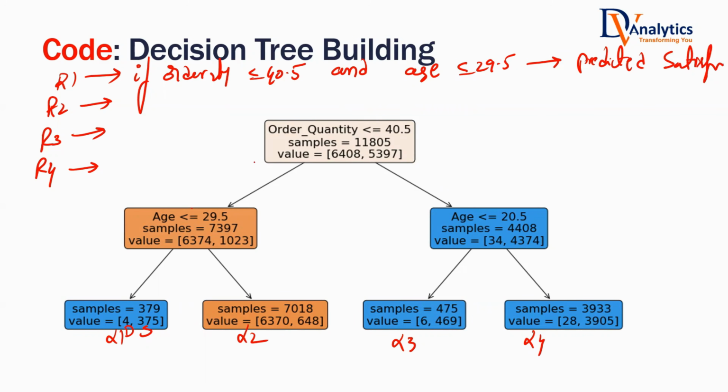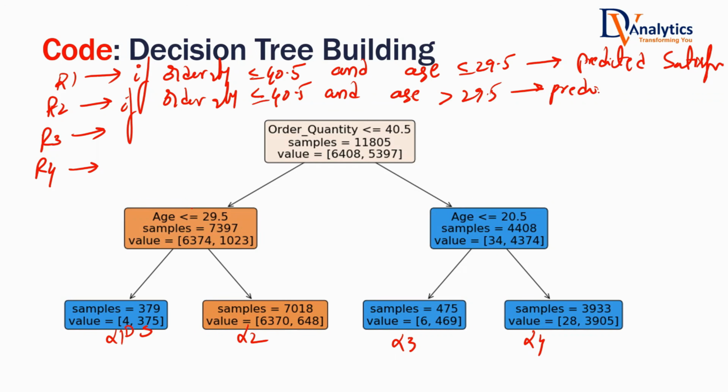In a similar manner, can you tell me rule number 2 associated with leaf node 2? If order quantity is less than or equal to 40.5 and age is greater than 29.5, then the predicted value is dissatisfied. Most of them are dissatisfied.